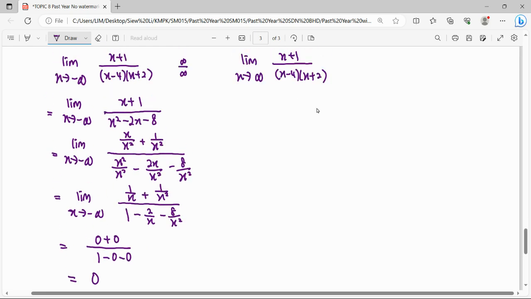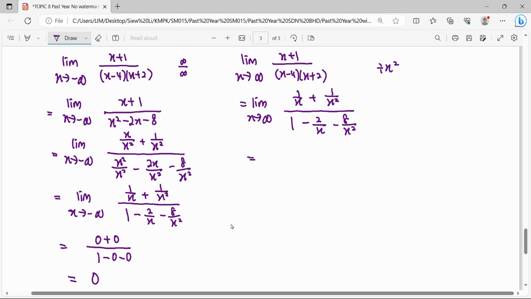For x approaches positive infinity, it is also the same. Since we already simplified this, we can straight away evaluate. As you can see here, we already simplified, so we have 1 over x, 1 over x squared. This is the simplest form that we already divided by x squared.